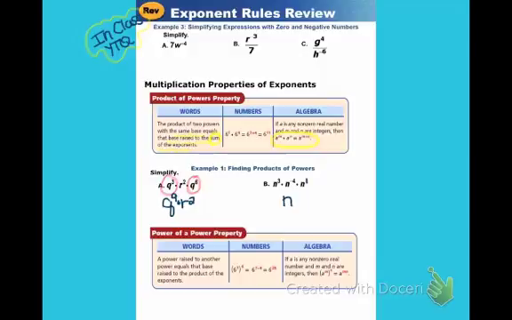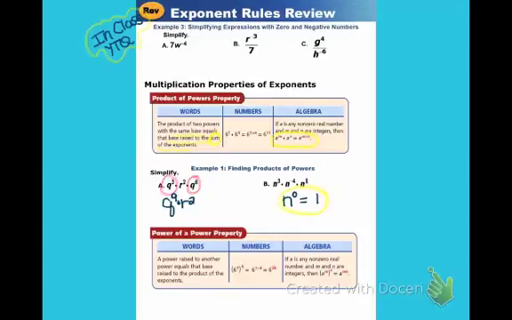So this will be n to the, well, let's see, 3 plus 1 is 4, plus negative 4 is 0. So these exponents actually add to 0, which then we can apply the zero power property, which says that anything except for 0 raised to the 0 is 1. And so our answer here would be 1.